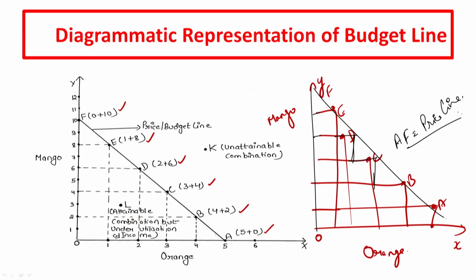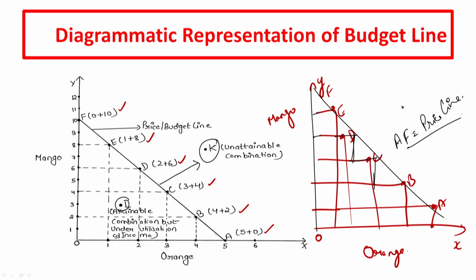The consumer is not going to attain this point, because it is beyond the scope of the consumer; the income of the consumer is not this much. And the consumer will not be at this point as well, at point L, because it is an underutilization of income.